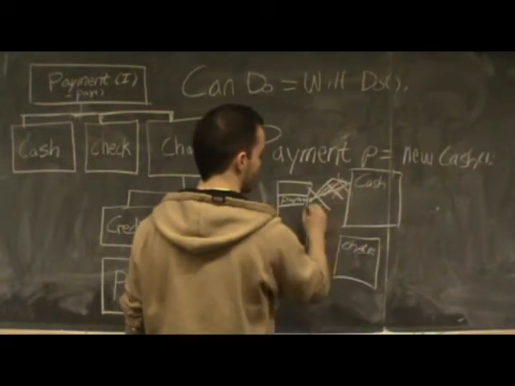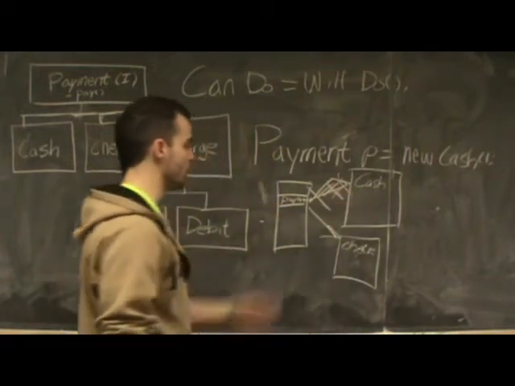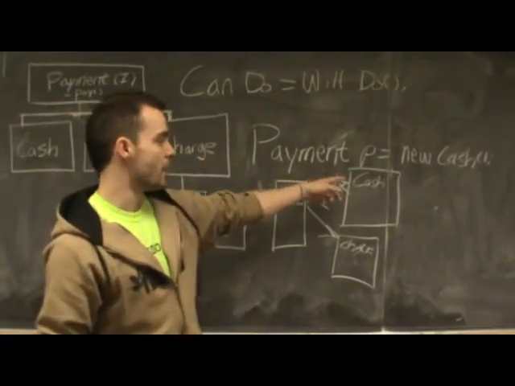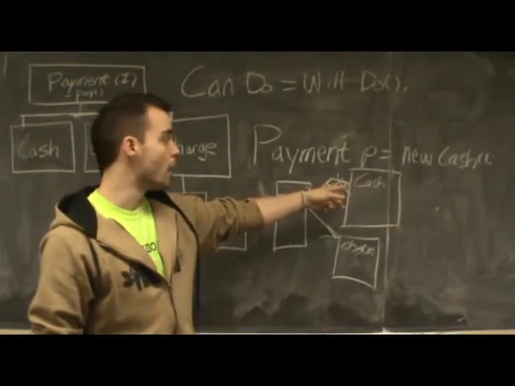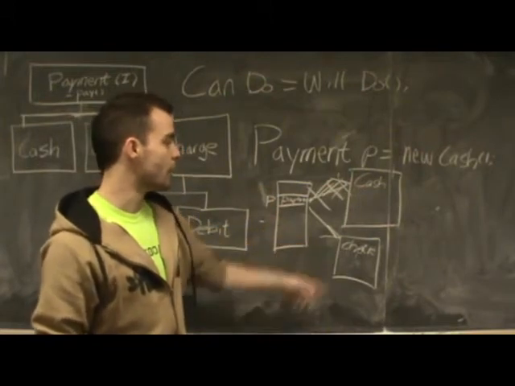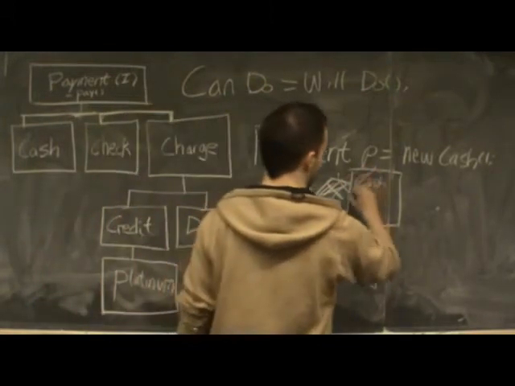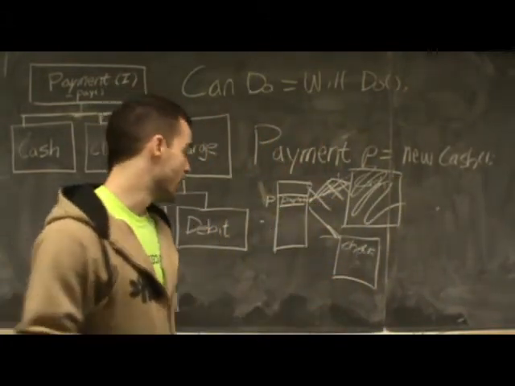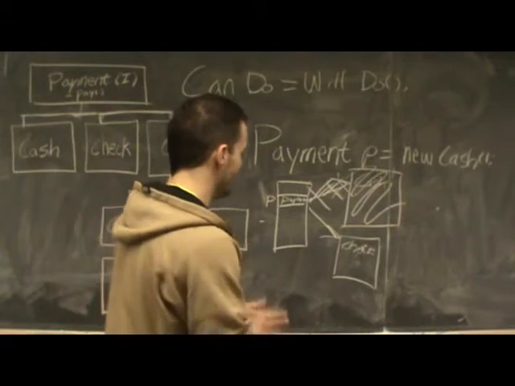This was X'd out, and it suddenly now points to this. So when I say P.pay when it was cache, it referred to that object. And when I say P.pay after I made it a check, it's going to refer to this object. And in fact, since nothing else references this cache object, it'll get magically cleaned up by everyone's favorite garbage collector.